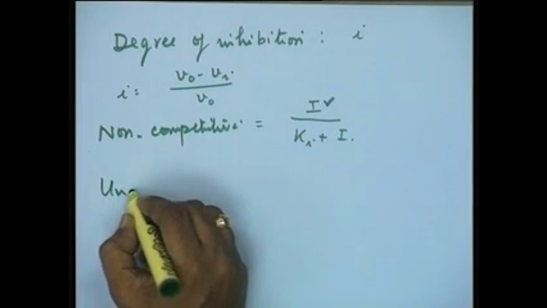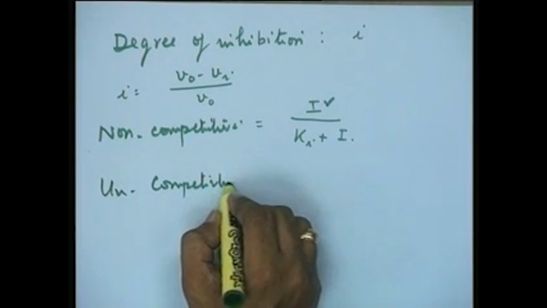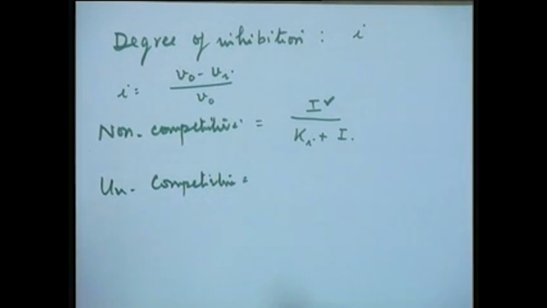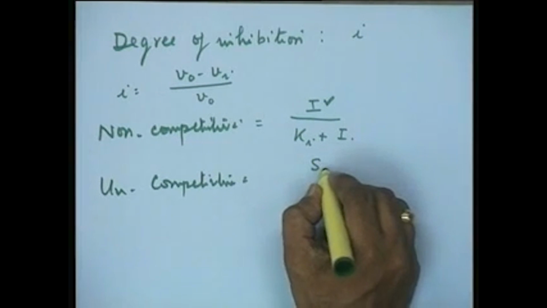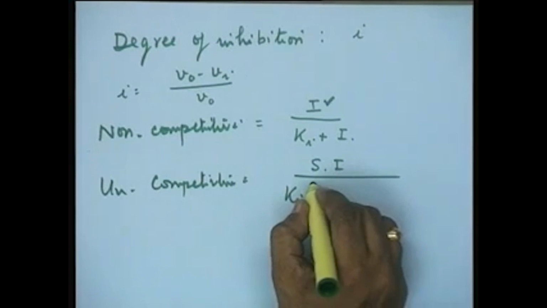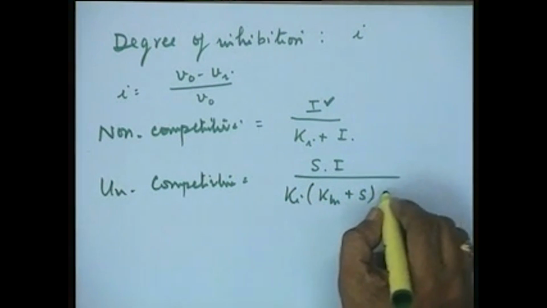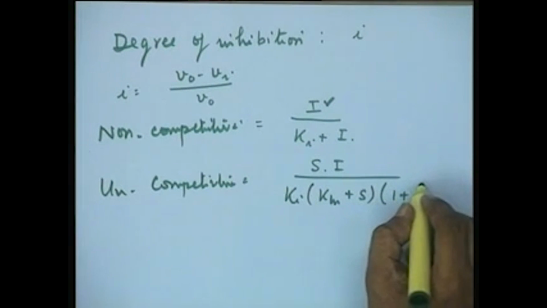In the case of uncompetitive inhibitor, the degree of inhibition is S into I upon Ki into Km plus S and 1 plus I over Ki.